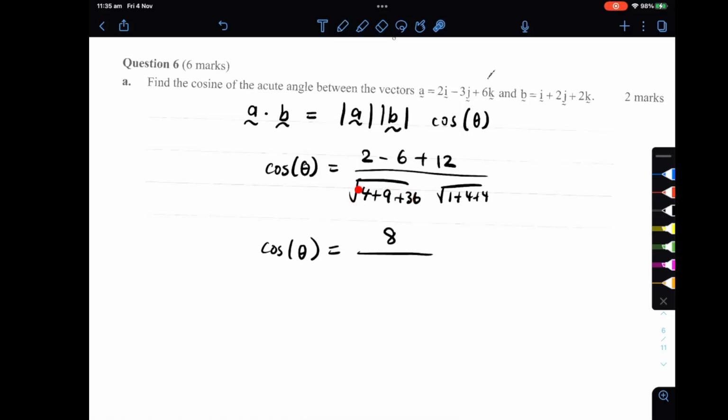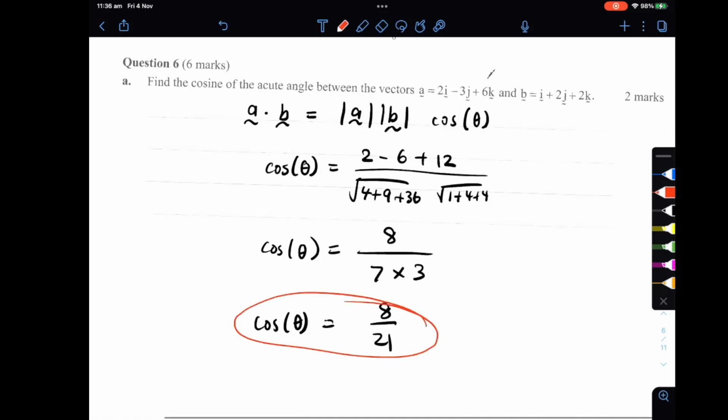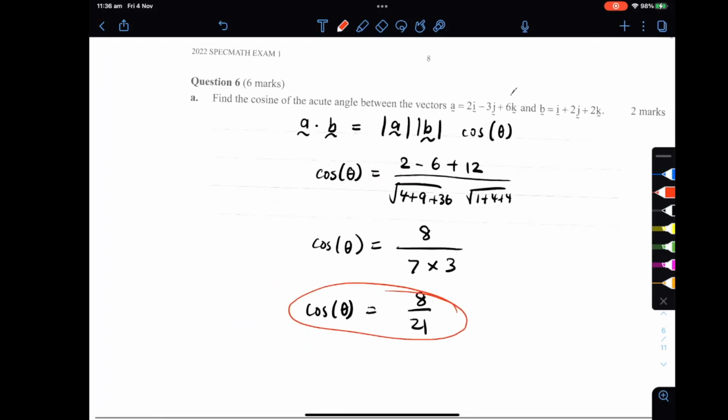This here adds to become 49, which is 7. And this here adds to become 9, which is 3. So we're going to get 8 over 21 as your cosine of the angle. And we want to find the cosine of the acute angle, so be careful, we're not finding the angle, just the cosine of the angle.